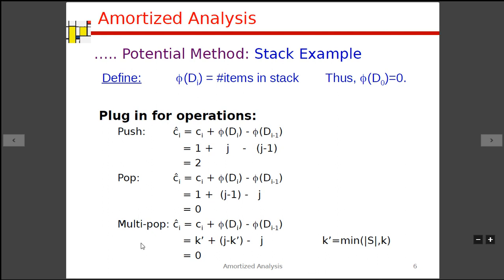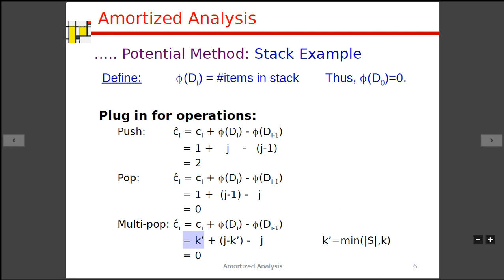Now let us come to the multi-pop operation. In the case of multi-pop operations, we perform the pop operation on multiple values. In that case, the kth transaction has value k. Consider a multi-pop operation with value 4 applied on a stack which has 7 values. It has to pop 4 times, so the value of k will become 4.